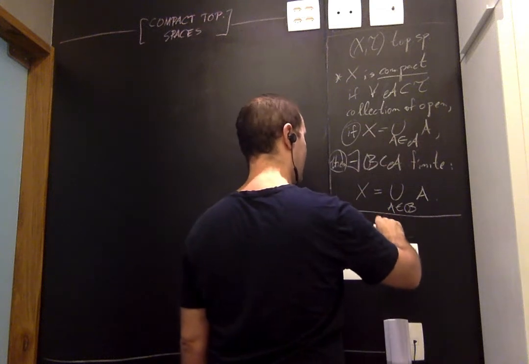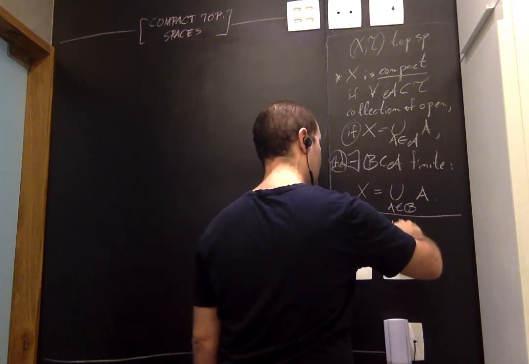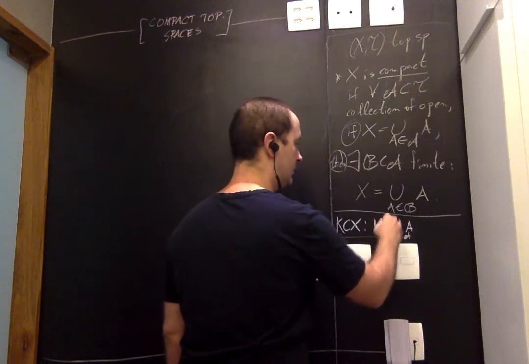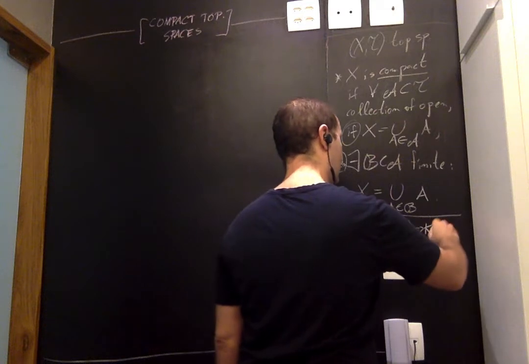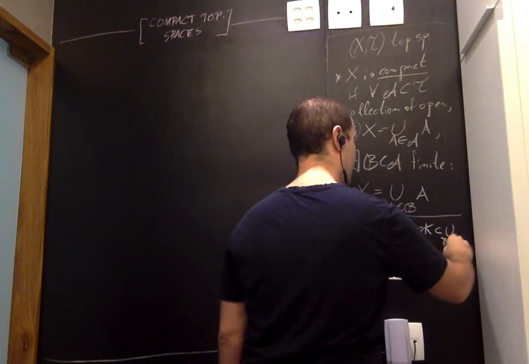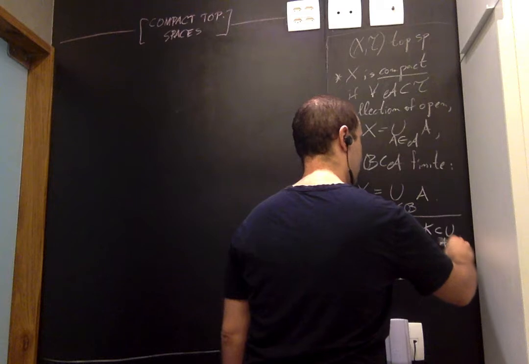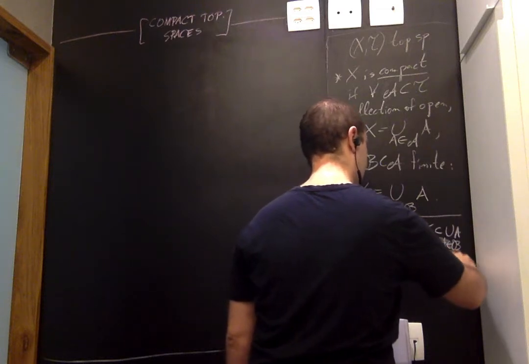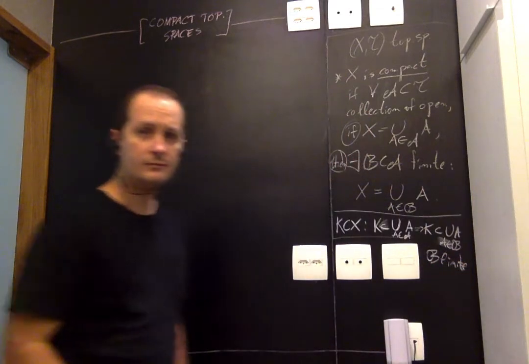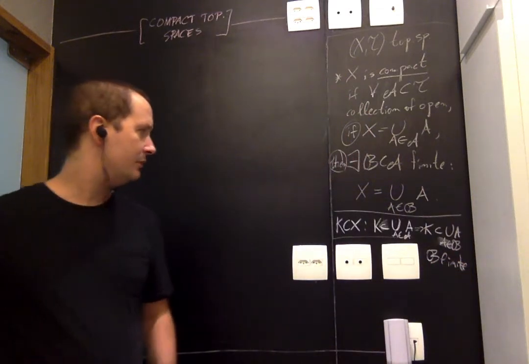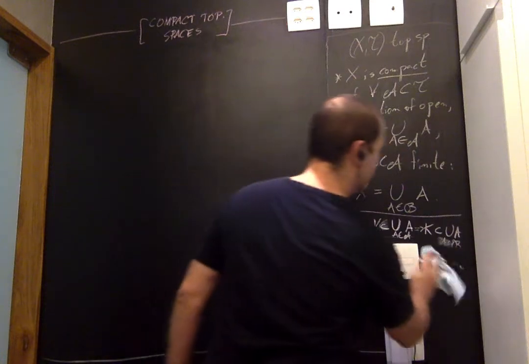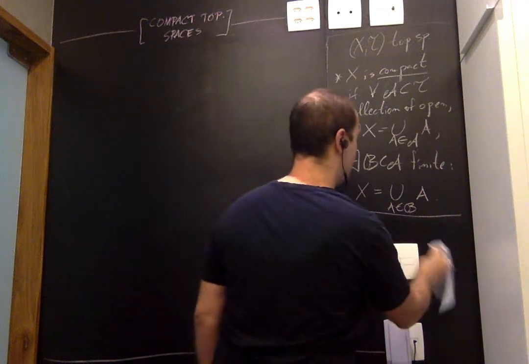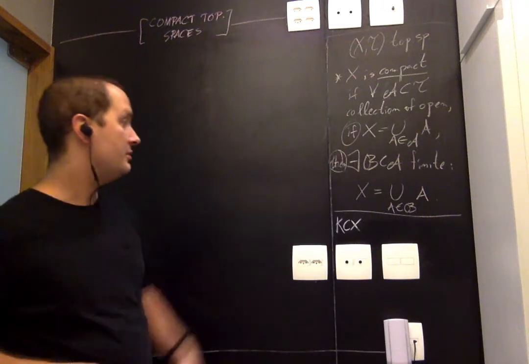In this case, you want to say that if K is contained in the union of a collection A, so here I don't have equality, I have containment, then K is contained in the union of a finite subcollection B of A. This is a bit hard to read, but hopefully you can understand what I said. So anyway, let me erase this and say it again. When you replace X by a subset of X, you can write everything in terms of the relative topology.